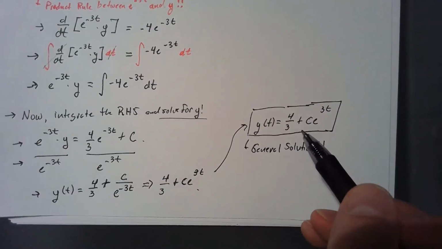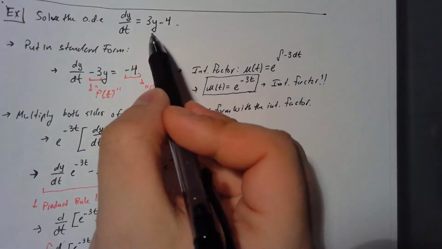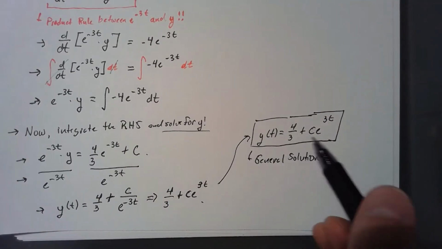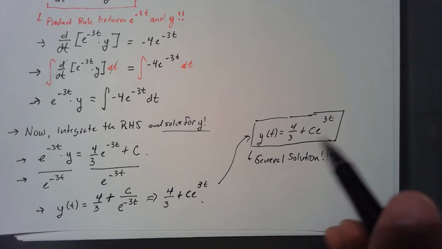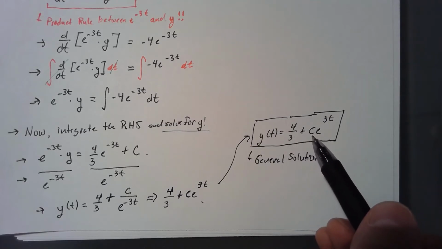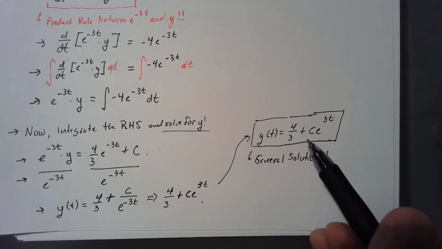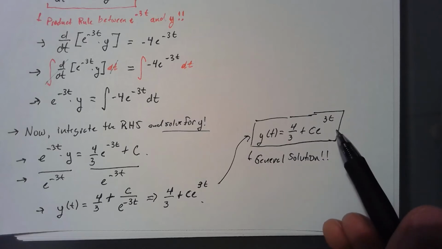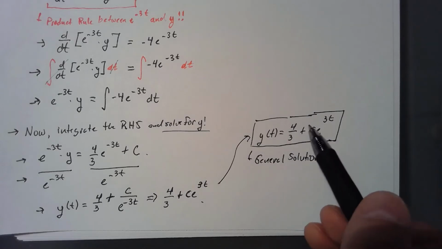Remember how I said the solution to a differential equation is a set of functions? Well, it's the set of functions where c could be any number. So c could be negative 10, negative 9, negative 8, and so on, right? It could be decimal numbers, it could be integers, it doesn't matter. C could be any number.